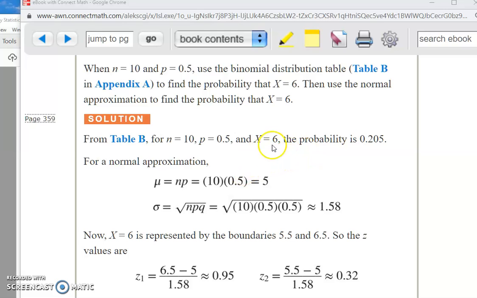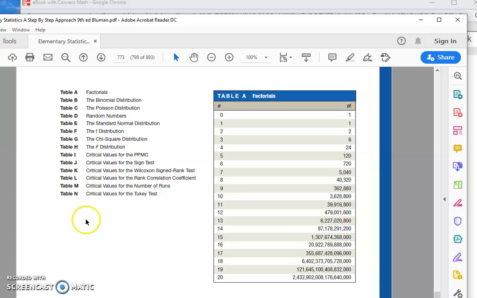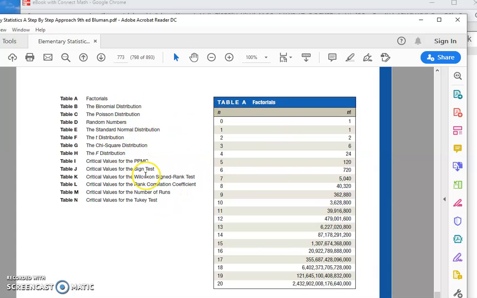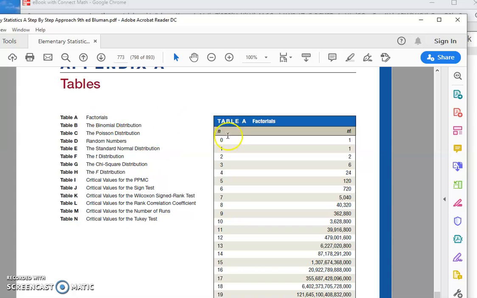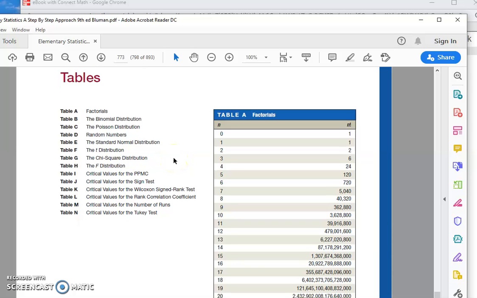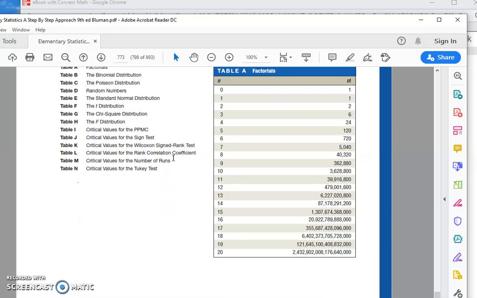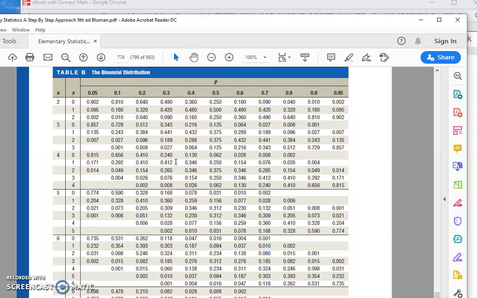Okay, so let's take a look. Give me one quick second here. All right, so this is the PDF version of the text, edition number 9. As you can see in the back, we've got these various tables. Table A is factorials, table B binomial distribution. We've been using this one quite a bit, E, the normal distribution. So what we want is B, binomial distribution.